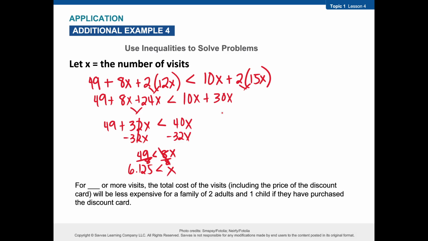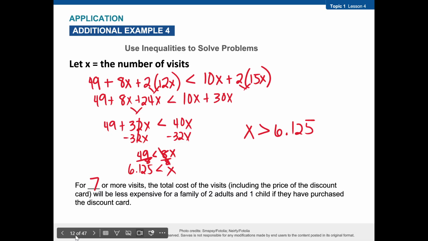You want the variable to be first, so flip it all completely around. It will be cheaper when the number of visits is greater than 6.125. Again, you can't visit 0.125 times, so the next whole number greater than 6.125 would be 7. So for 7 or more visits, the total cost of the visits, including the price of the discount card, will be less expensive for a family of 2 adults and 1 child if they purchase the discount card.